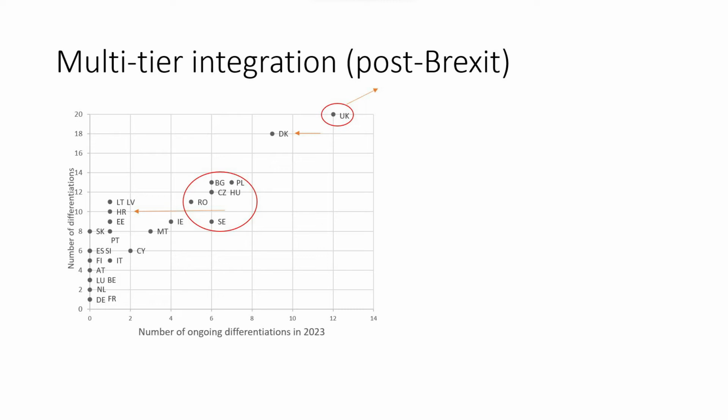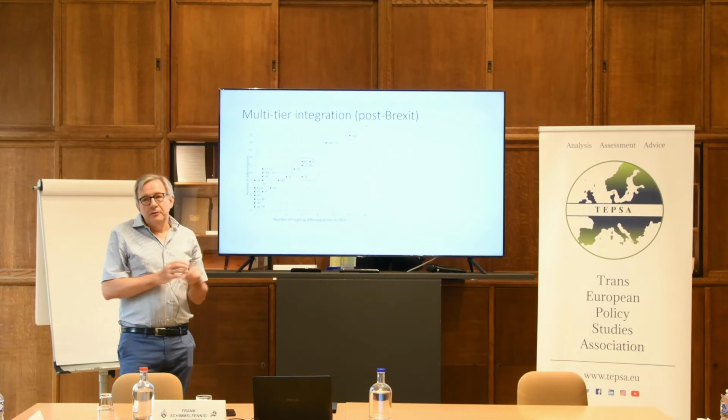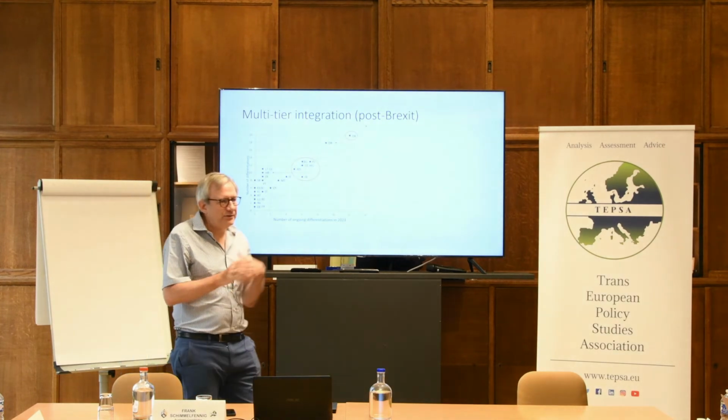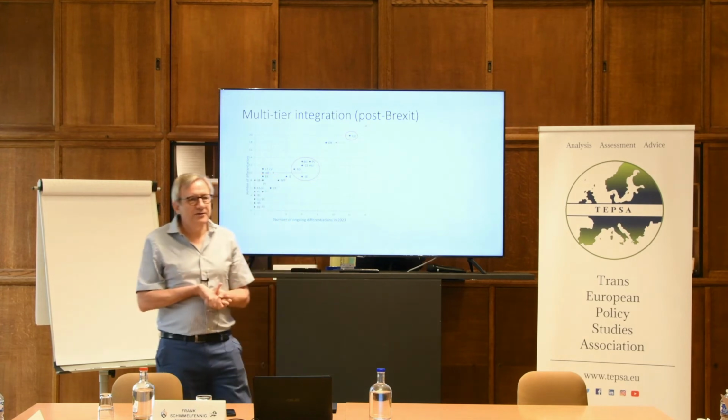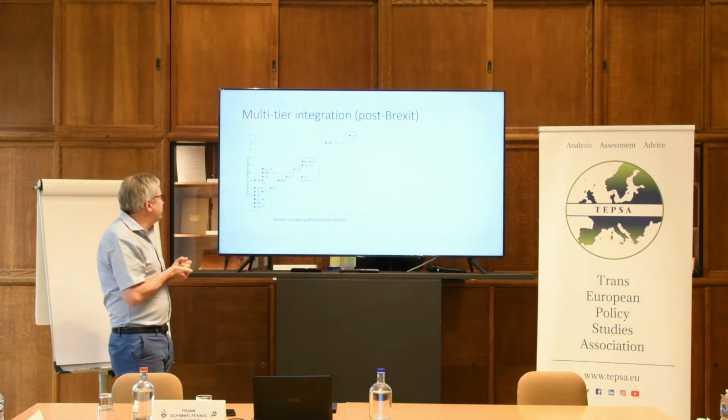I think it's an ongoing process. We've already seen Denmark moving closer, because it has given up its foreign policy opt-out. There is some speculation that maybe in due course Denmark and Sweden, for instance, might join the banking union. There's some discussion. So it remains to be seen.